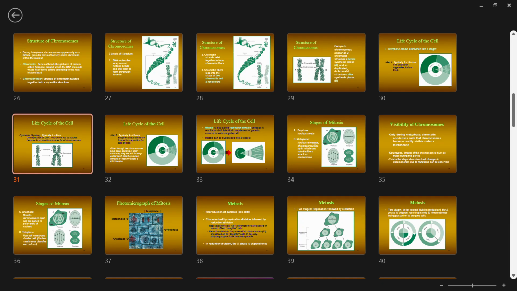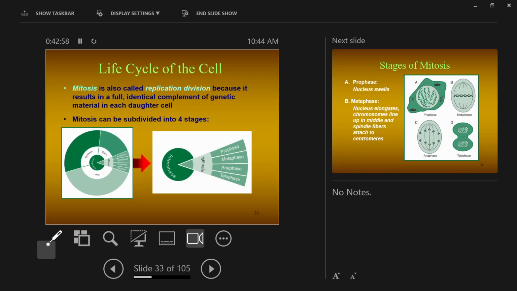So let's review the life cycle of the cell in the mitosis stage right now. Okay, so mitosis is important. Mitosis, also called replication division, because it results in a full identical complement of genetic material in each new daughter cell.